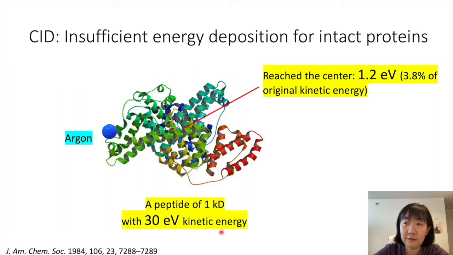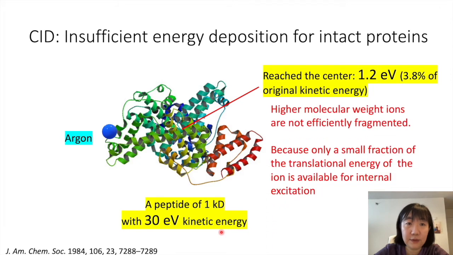According to the literature, only 3.8% of the initial ion energy, which is 1.2 electron volts, is available in the center of mass frame for internal excitation and subsequent fragmentation of the ion. 1.2 electron volts is less than most covalent bond dissociation energies, so it's impossible to get a direct bond cleavage, at least in the center.